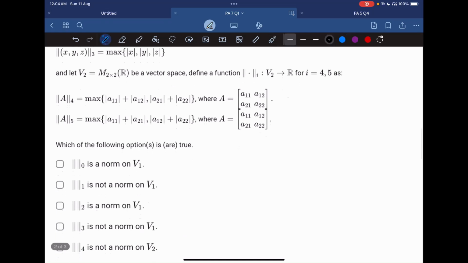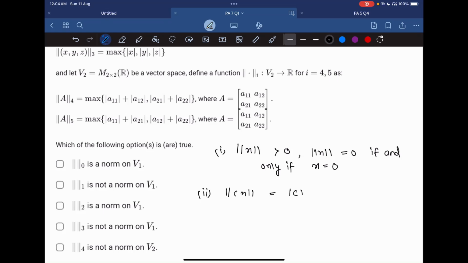The criteria for any function to be a norm is, the norm of x, or the function by which we are defining it, should be greater than 0, and norm of x is equal to 0 if and only if x is 0. So this is the first condition. Second condition is norm of c times x is mod of c times norm of x.